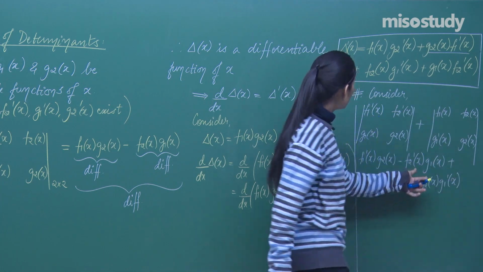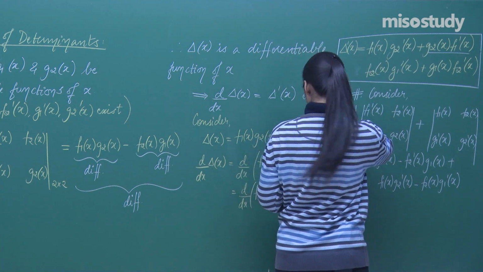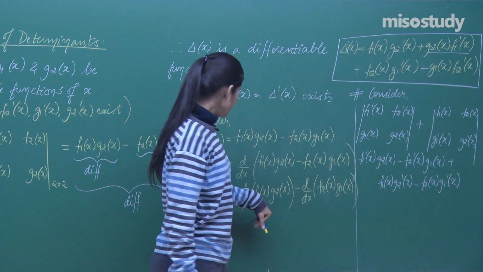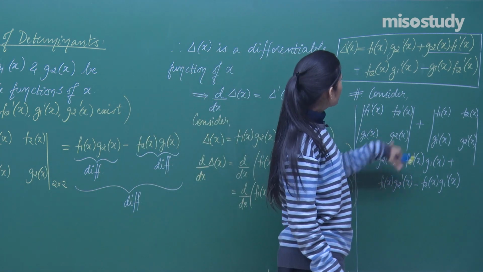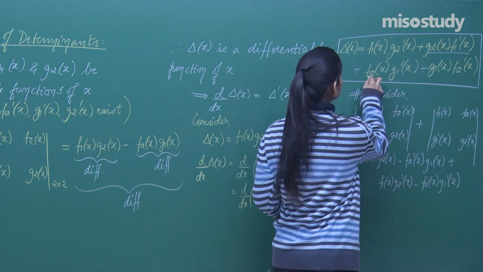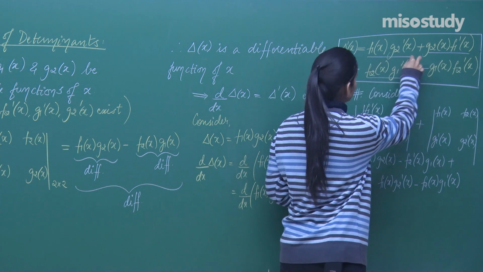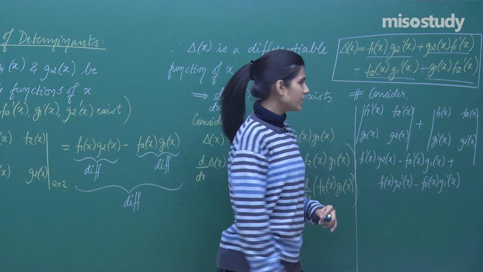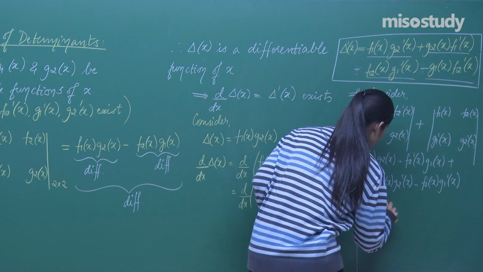Here this minus this, so here it is a minus and here also it's a minus. So you have F1 dash G2 minus F2 dash G1 plus F1 G2 dash minus F2 G1 dash. Exact same thing. This is coming out to be your delta dash x.